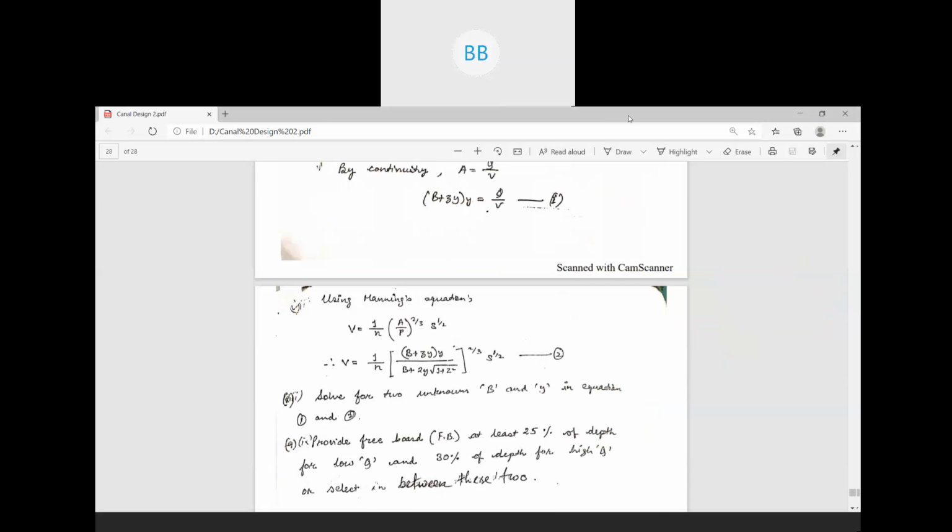As we have already used Manning's equation, using that you can find the velocity. After calculating y, you can fix the slope with respect to the topography of the channel, and depending on the type of materials used for the rigid boundary.